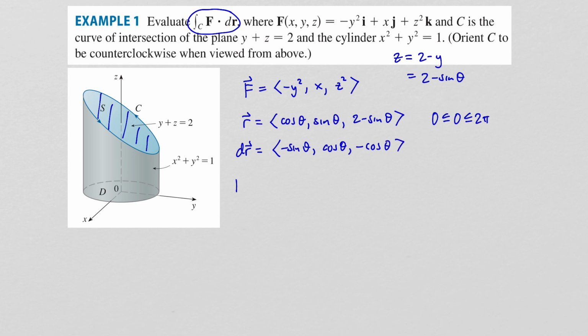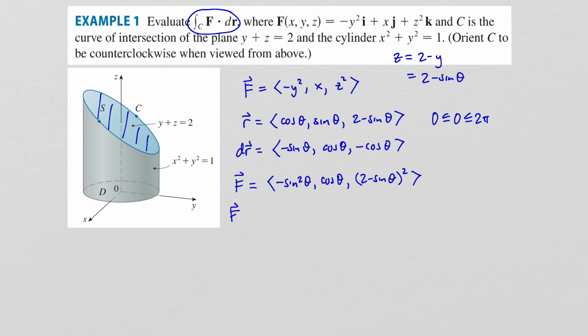Now we're going to take F dot dr, but F now has these functions substituted. Negative y squared becomes negative sine squared theta, x is cosine theta, and z squared is 2 minus sine theta, quantity squared.